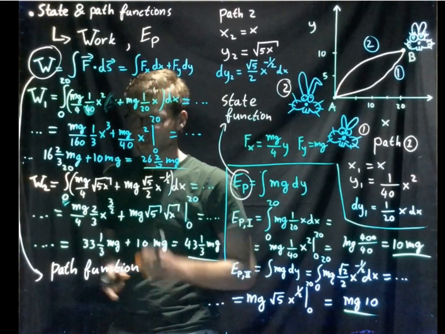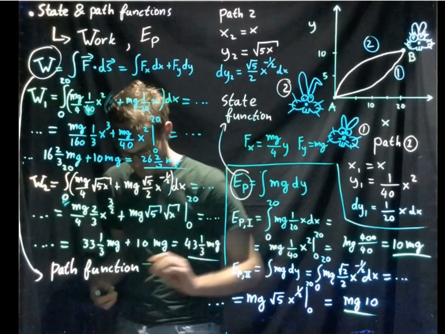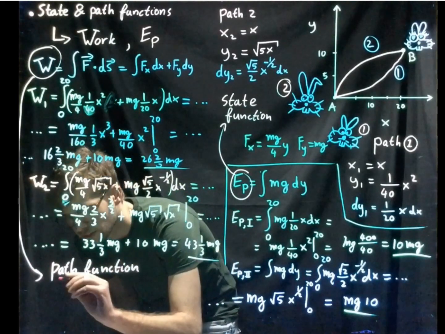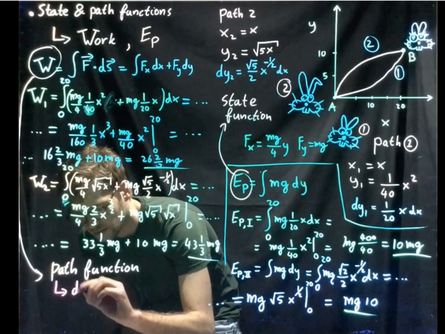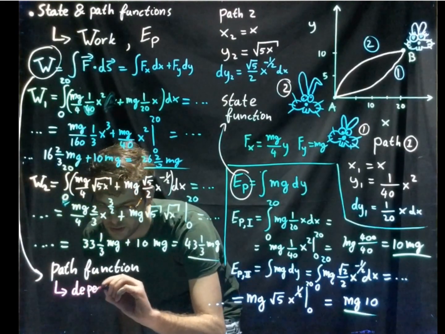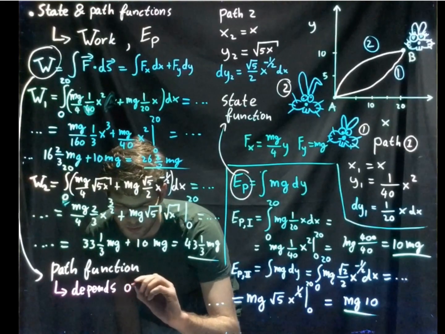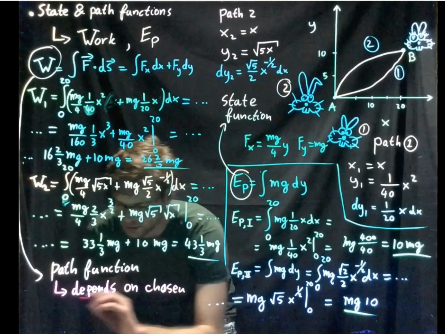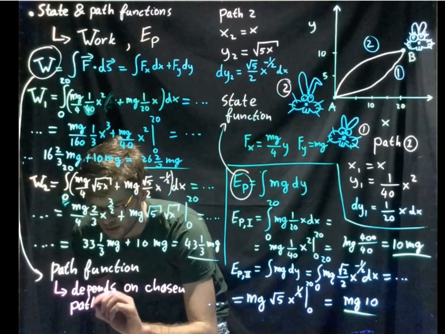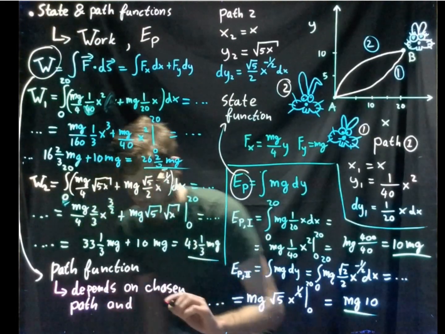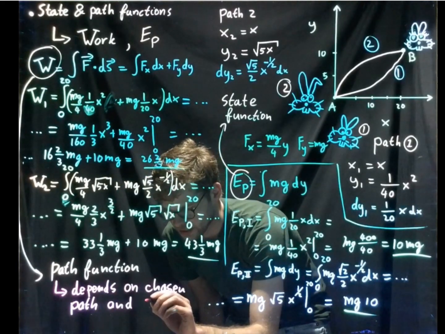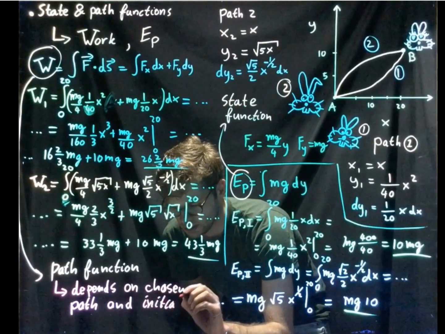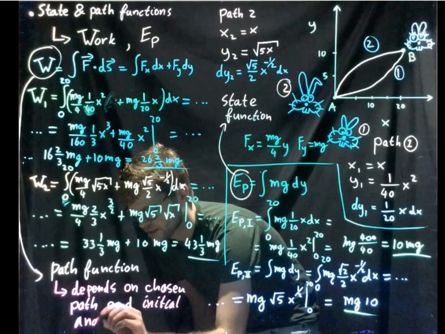And a path function, like you can see, depends, so the outcome depends on the chosen path and initial and final state.